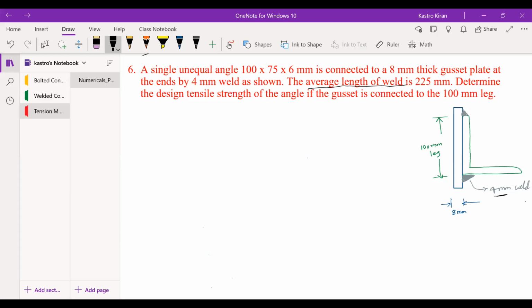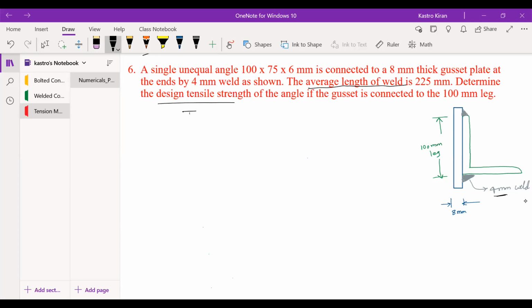The 100 mm leg is the leg connected to the gusset plate, and the 75 mm leg is the outstanding leg. They have also said that they have used a 4 mm weld, and what you are asked to find out is the design tensile strength of the plate.